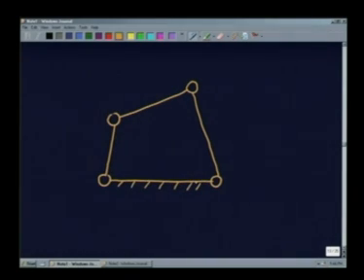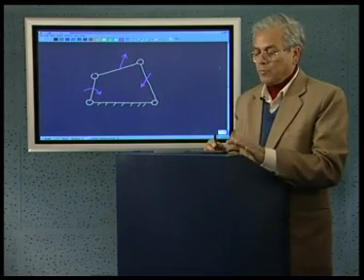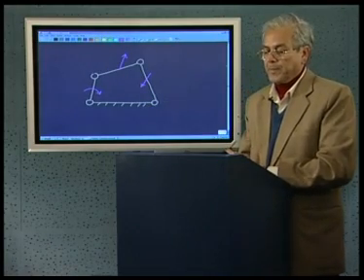I state that under the action of this moment, this force and this force, this system is in static equilibrium. If I tell that, it means that no member will have any motion when these moments and forces are acting.